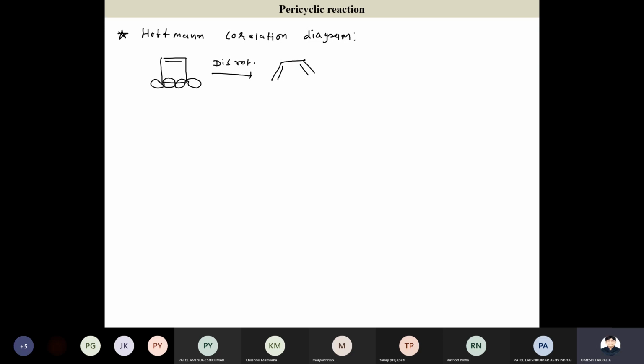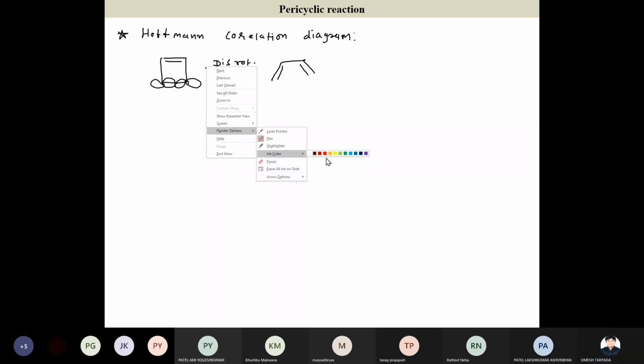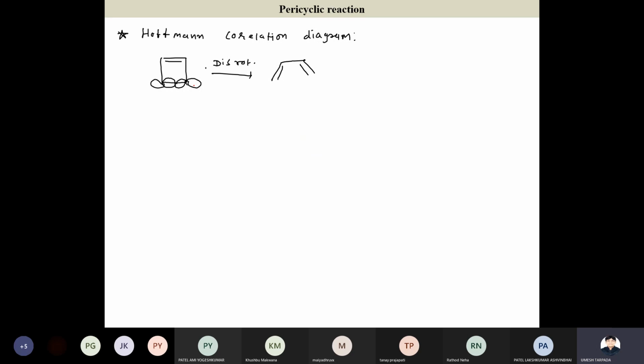These are two different levels. What you can do, see, here the motion is disrotatory. So first, what you can do.